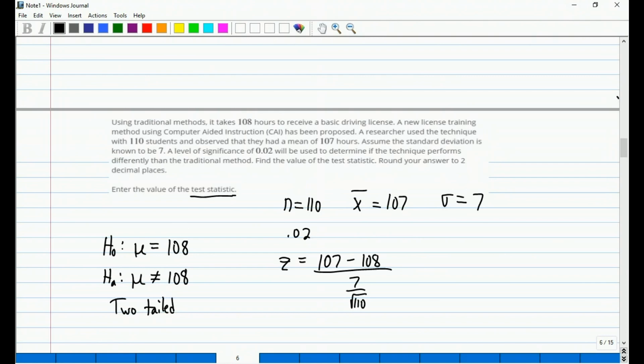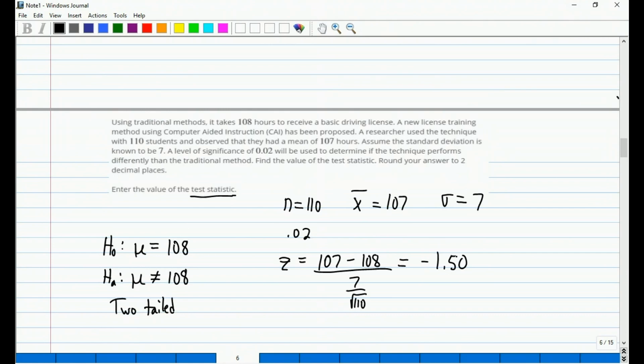So I'm going to punch that in the calculator. And I get, all right, remember I got to round this thing to 2 places because it's a z value. So I get negative 1.50.